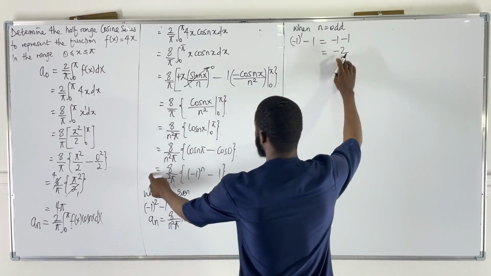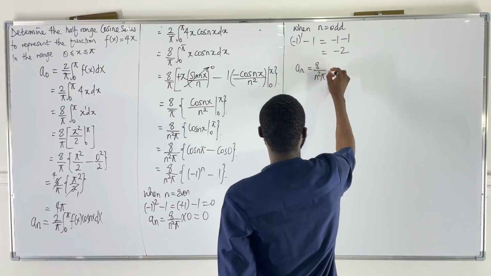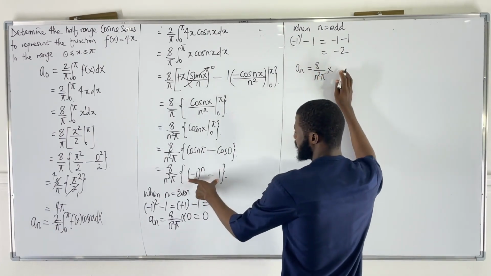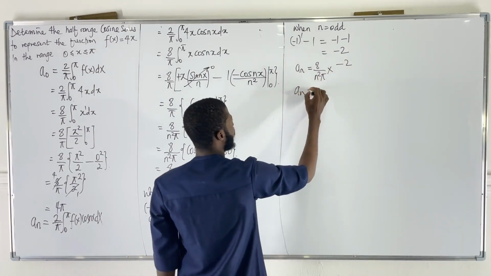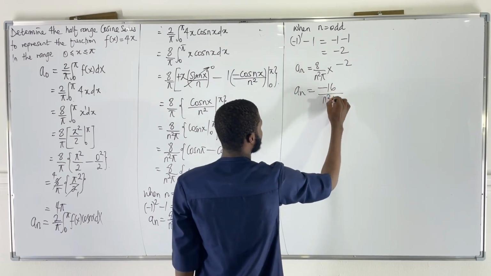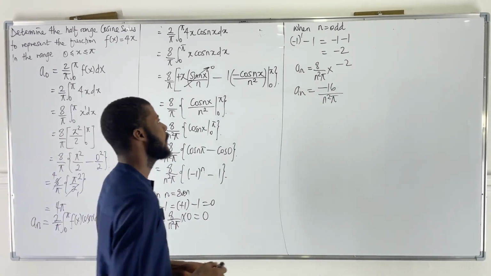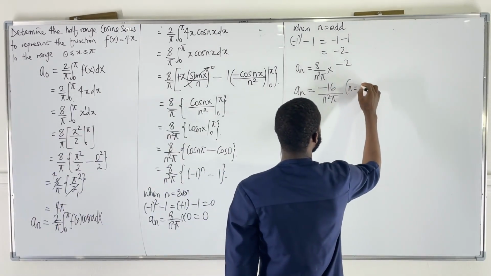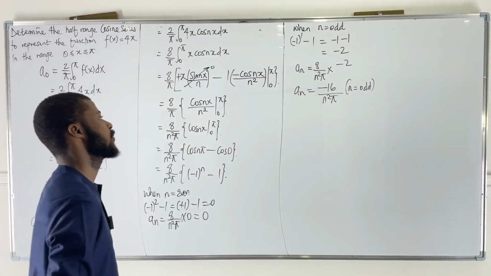So let's go back. Our a sub n is 8 over n squared pi times this bracket. Now this bracket is equal to minus 2. So a sub n will then become 8 times minus 2, which is minus 16 over n squared pi. So this is what we have as our a sub n, and this is when n is odd. N has to be odd.